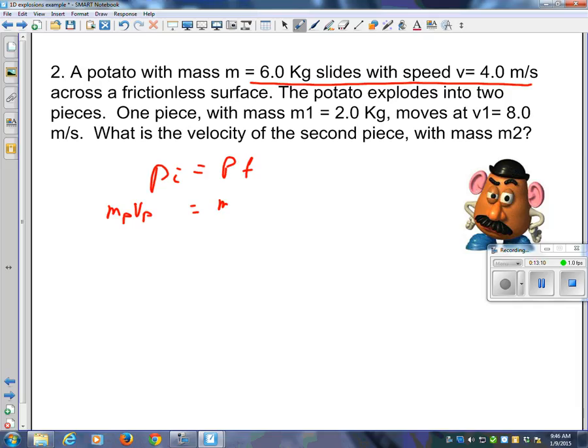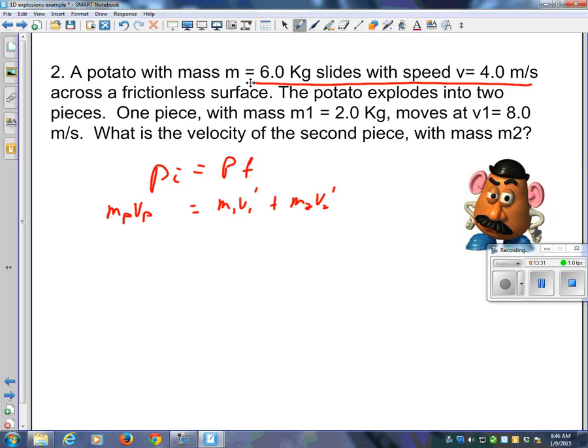So then I'm going to say M1 V1 prime plus M2 V2 prime. You can subscript it however you want. In this case here, you can keep them separate. It's really only when you get to the two-dimensional stuff that you need that just to keep organized. I wanted to introduce that.